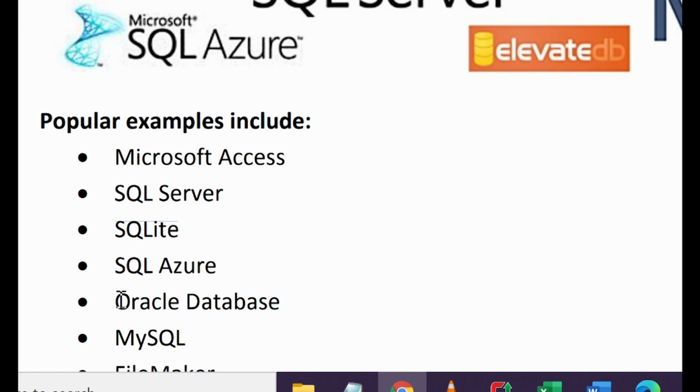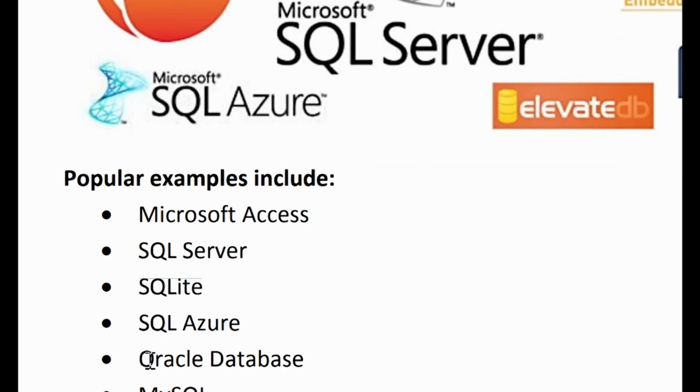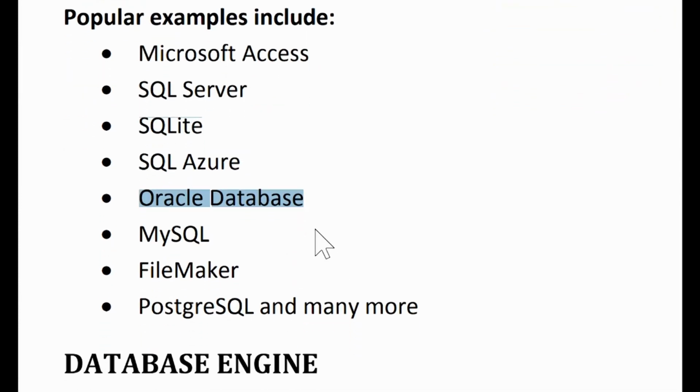So you can see how important a database is. Okay, so we're talking about Oracle, and we are saying that this is a highly secured database system, and most of the banks are running Oracle. Then we have MySQL.